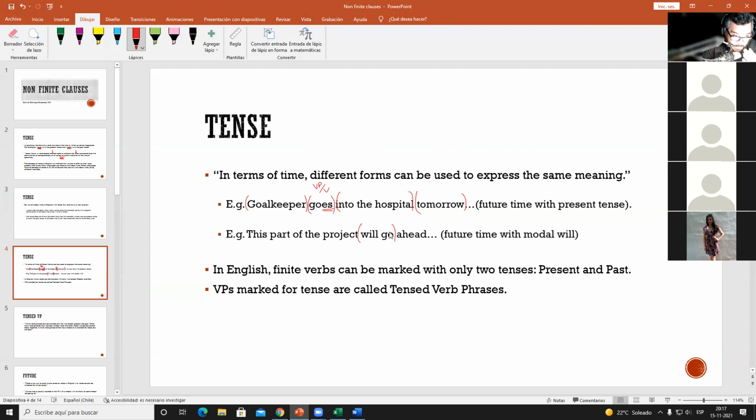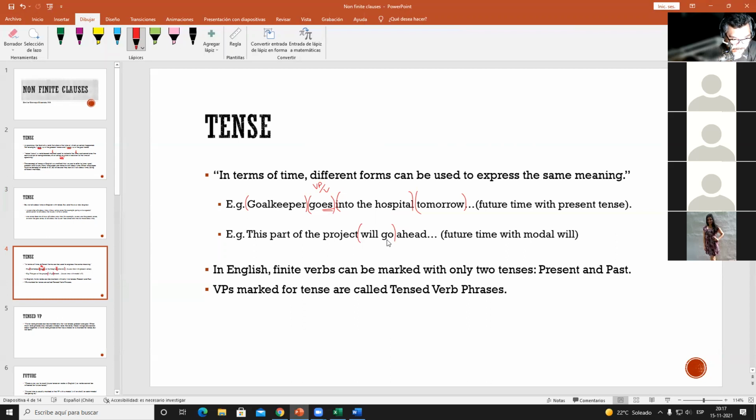But by the presence of the modal verb will, you mark that the verb is happening in the future, right? All over again, tense and time, they are not the same. Tense is the grammatical representation of time, and you can represent time in different ways. That's all.